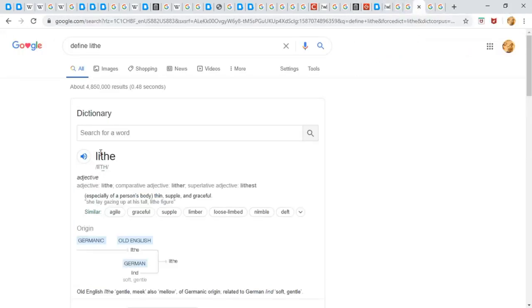And you change that one letter, and it's almost the opposite here. It's thin, it's supple, and graceful. So if you were saying the lith, it would be elith. Elith and elith are two opposite meanings.